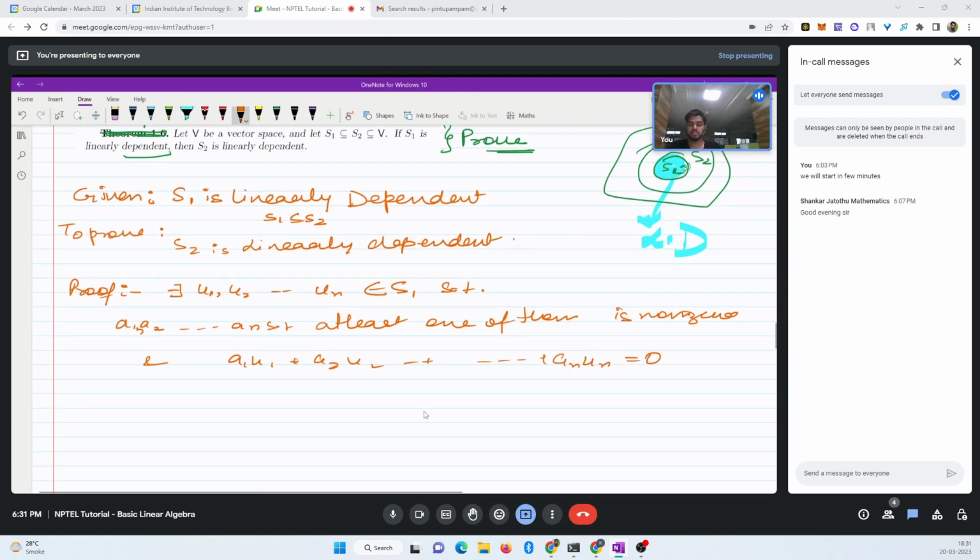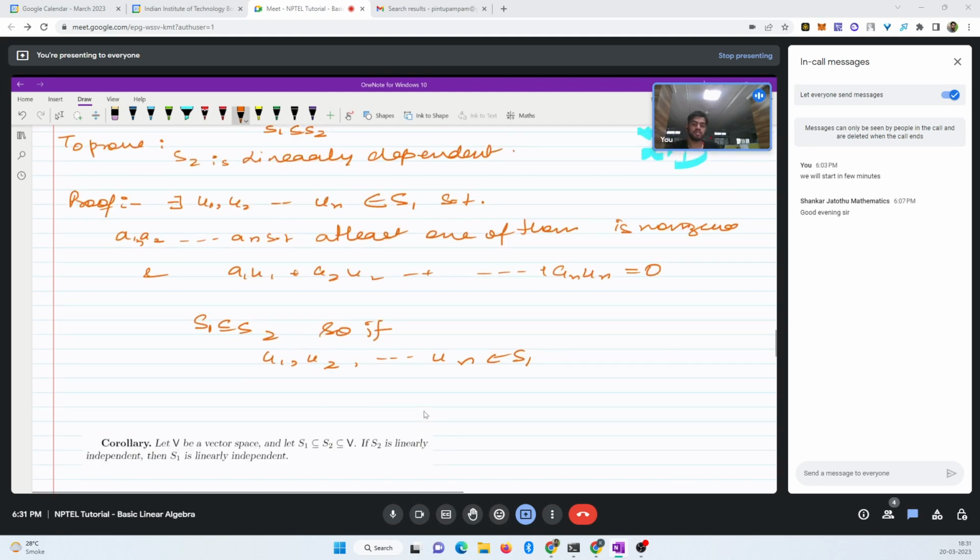Now, as you observe that S1 is a subset of S2, so if U1, U2 and Un belong to S1, then what does this mean? That our U1, U2, Un belong to S2, which is quite obvious, right?